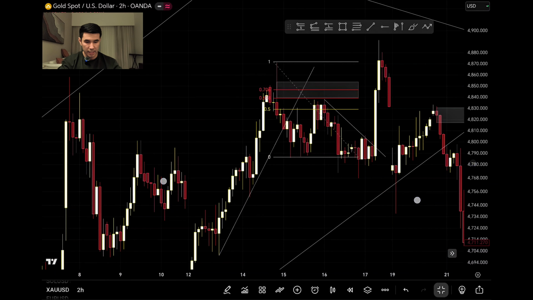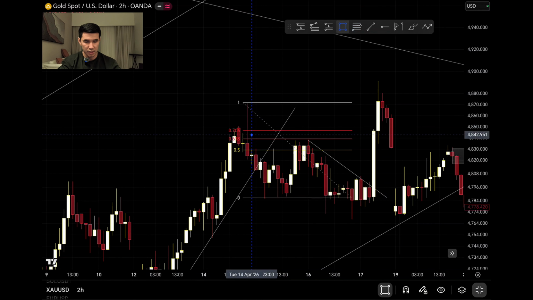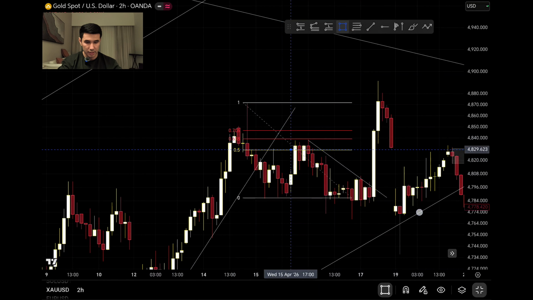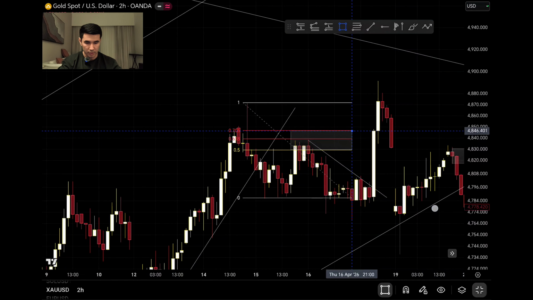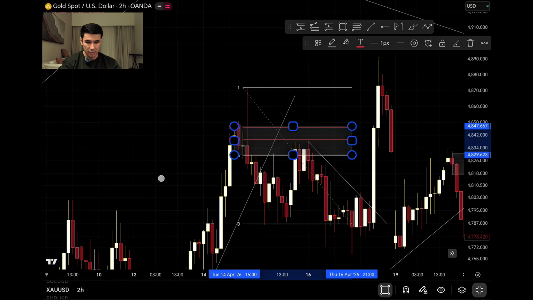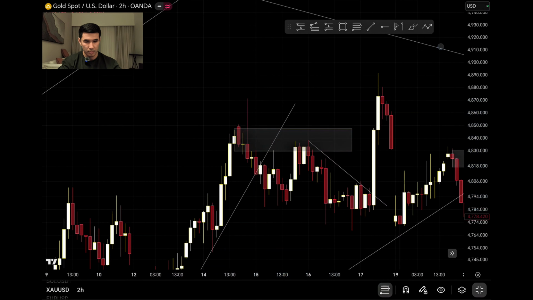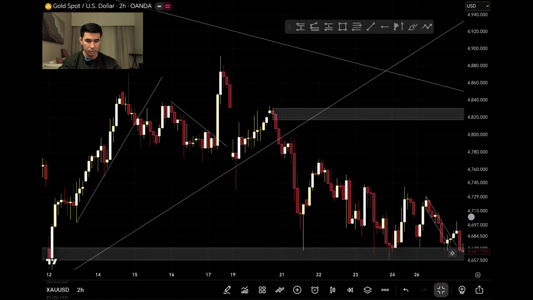Yes, it came exactly to the golden zone of the Fibonacci, but unfortunately we don't have an order block there. So now it's up to you guys whether to enter or not. But me personally, I would just let it go.